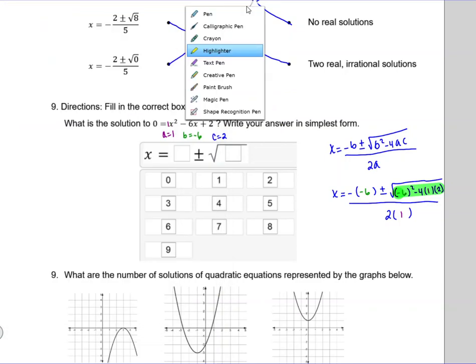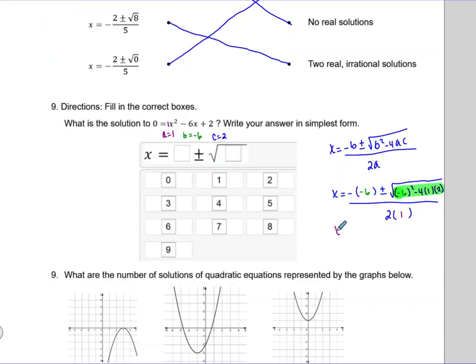So you have here x equals... let me go ahead and do this. So negative is +6 plus or minus square root of 28, okay? All over, I'll go ahead and do this as well, 2 times 1 is 2.